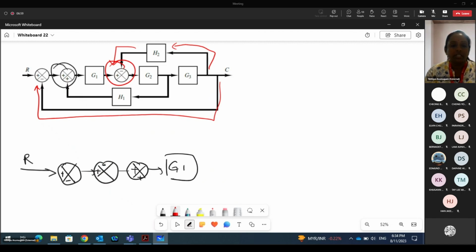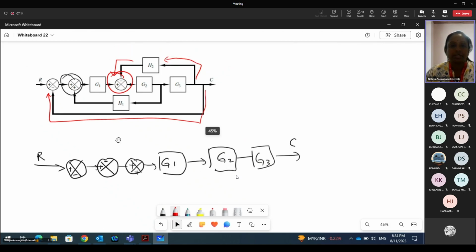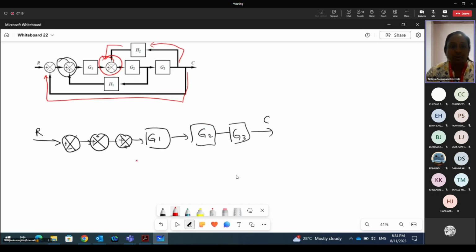G1, then we have G2, and then G3, and the output. The H1 feedback loop, the common feedback loop, will remain as it is. It comes from between G2 and G3 and goes to the plus summing point.